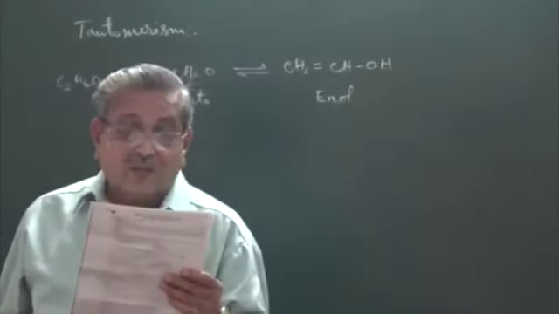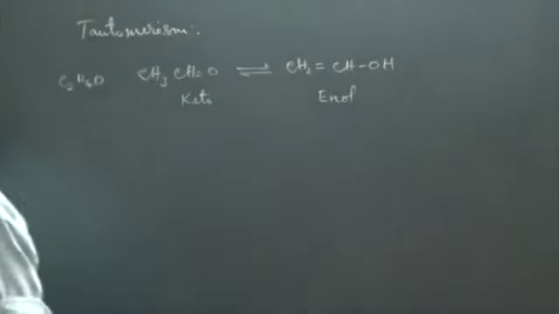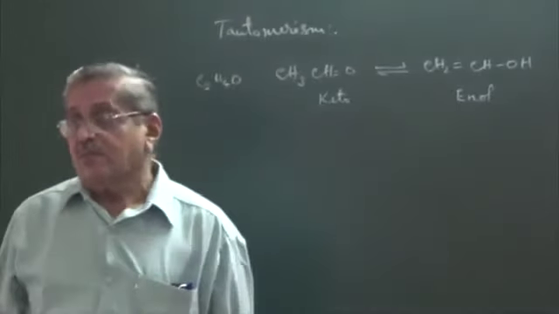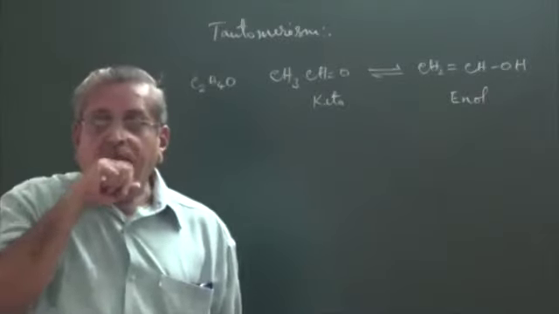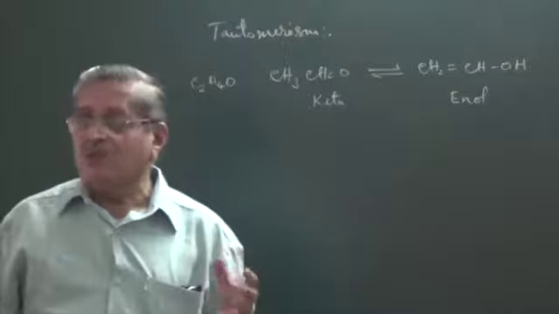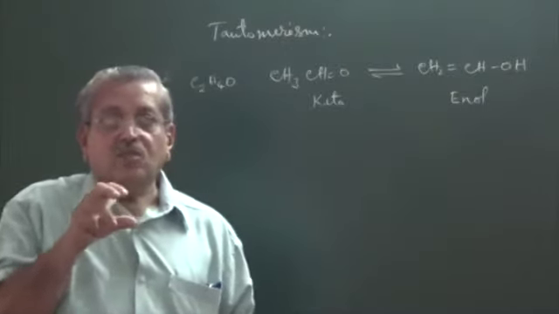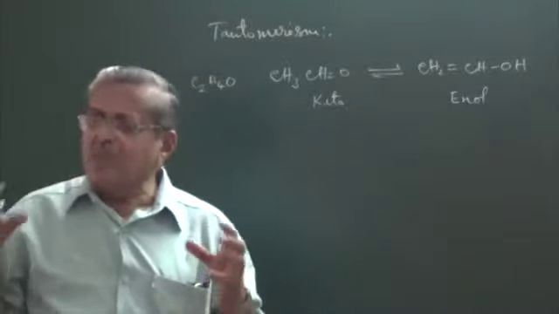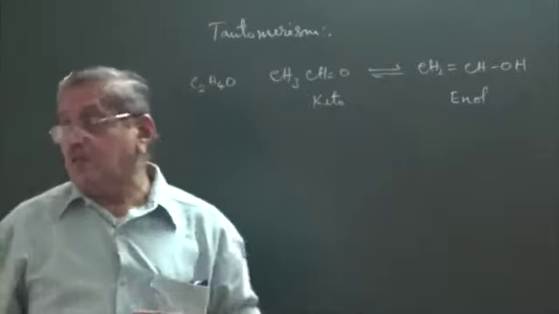We come to the other one, that is stereoisomerism. Stereoisomerism is also called space isomerism. Here also the atom has different substituents, atoms or groups attached to it in different positions in space.